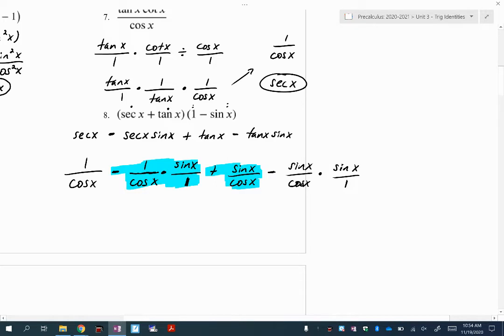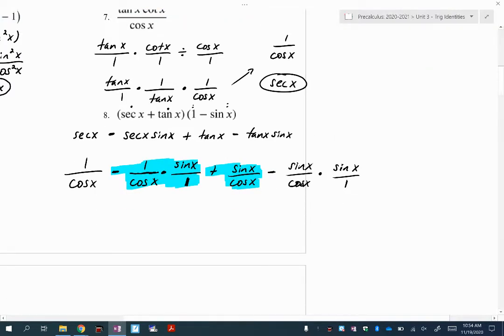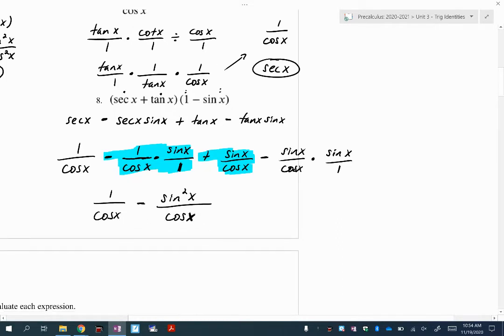So these are actually opposites. So they're going to go away, which leaves me with 1 over cosine of x minus sine squared x over cosine x. And we have a common denominator. So I can go ahead and write this as 1 minus sine squared x over cosine x.